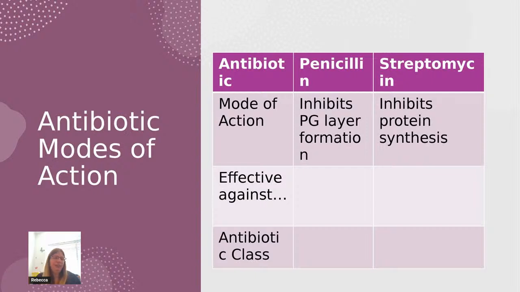If we're inhibiting that peptidoglycan layer formation, that's important to one of those different bacteria types. Whereas streptomycin inhibits protein synthesis, and we know that protein synthesis happens inside the cell, right? And so streptomycin must be able to get inside a cell. Which of our cell types is easier to get into?